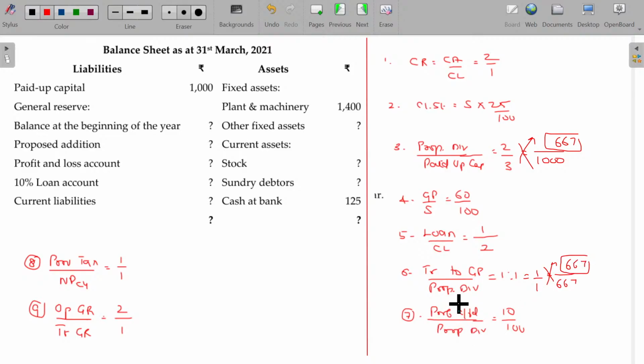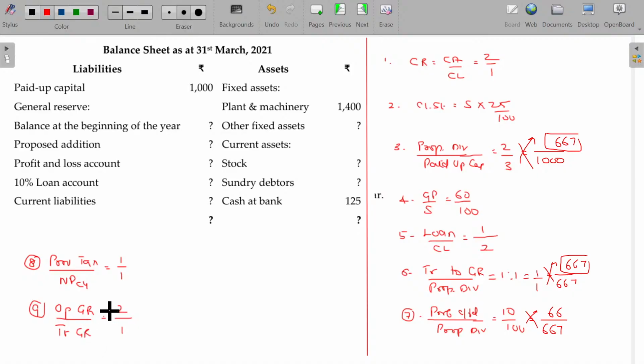Proposed dividend 667 and transfer to GR 667. Profit carried forward to the balance sheet being 66. I can round off to 67.